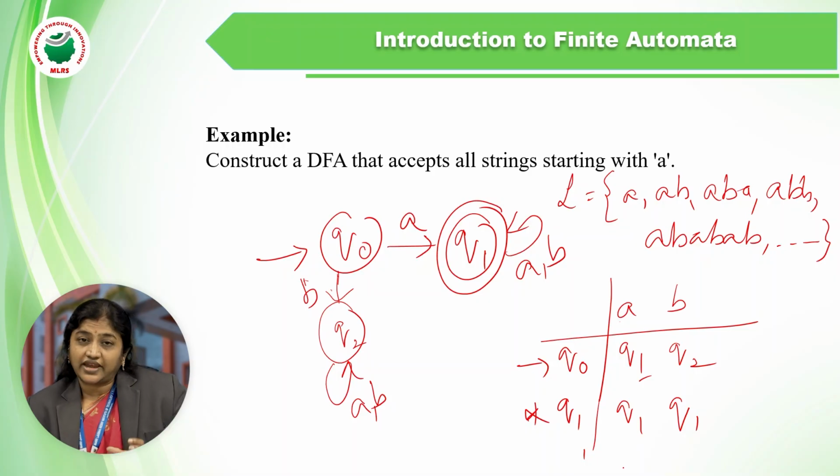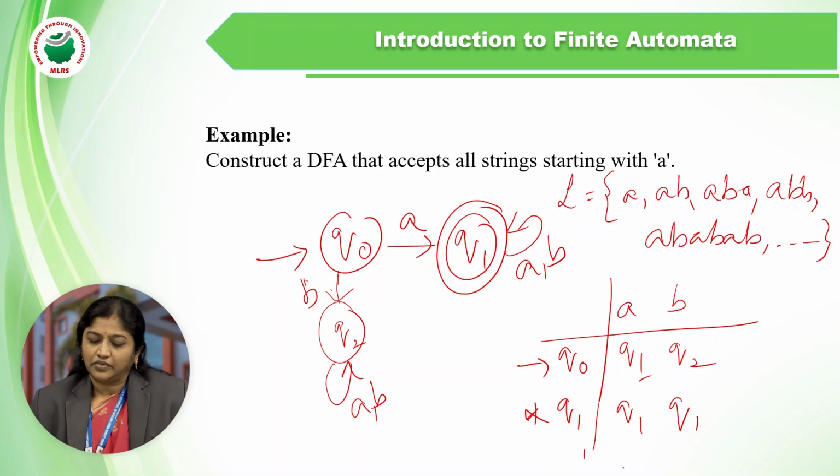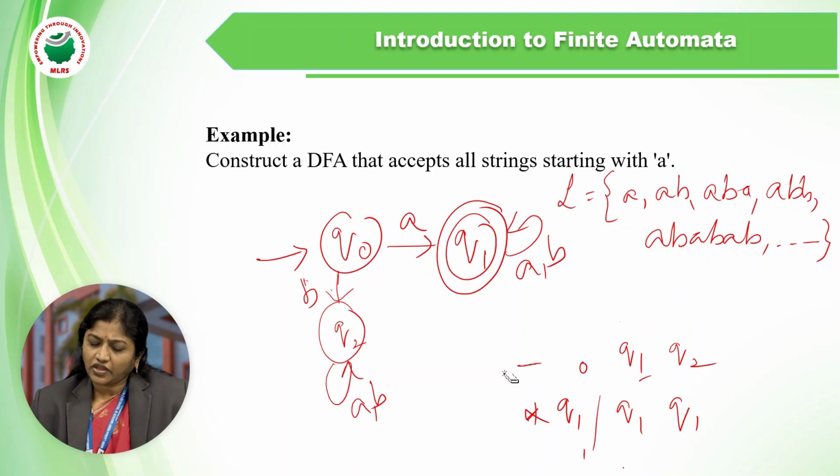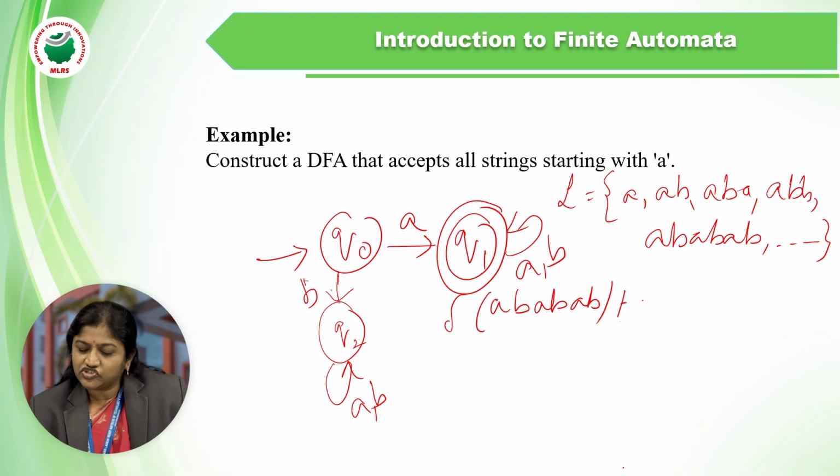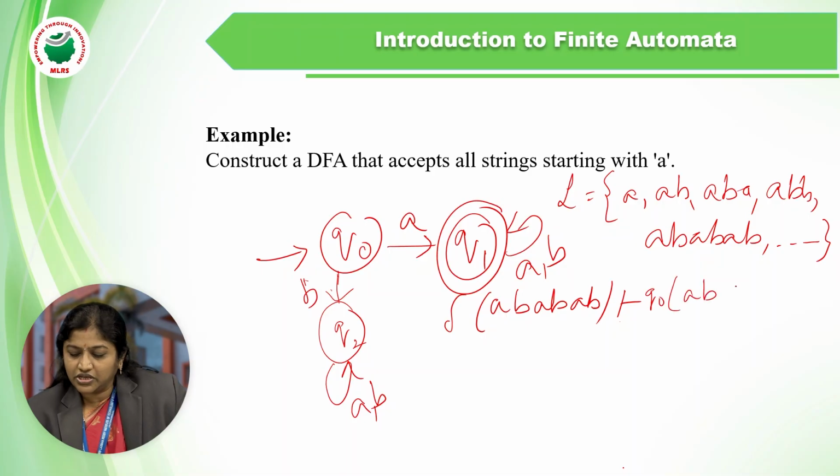Next, how to check whether the language is accepted or not? Again, repeat that process. We'll take this string, A, B, A, B, A, B, and check whether it is accepted by this transition diagram or not. Starting with Q naught state, A, B, A, B, A, B. Q naught on A is what? Q1.